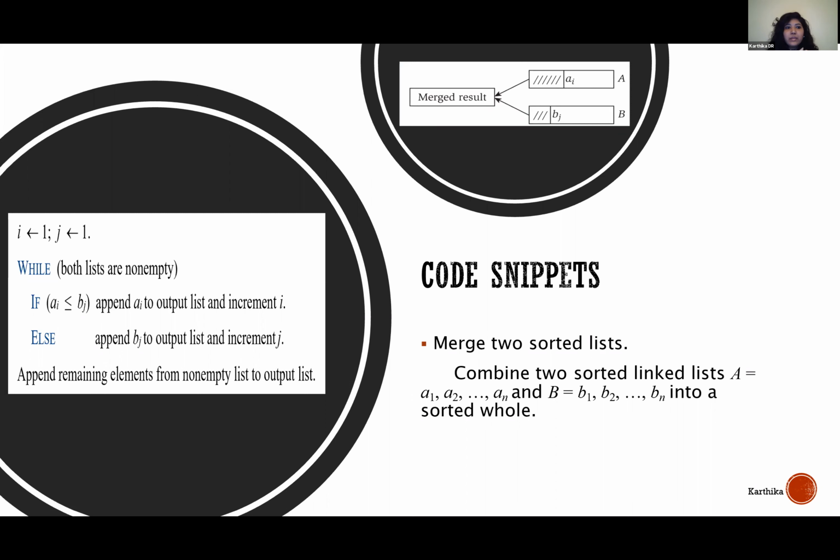This snippet, just a while loop, represents O of n. Since the array is already sorted, we don't have to do internal comparison. It's merging of two sorted arrays. It's going to take O of n.